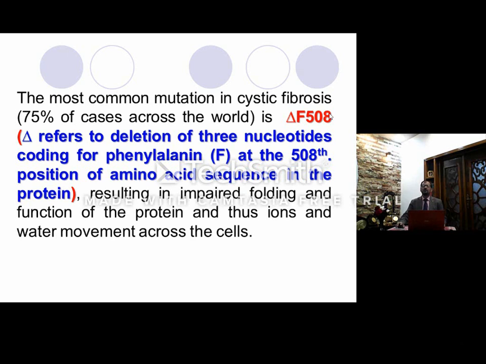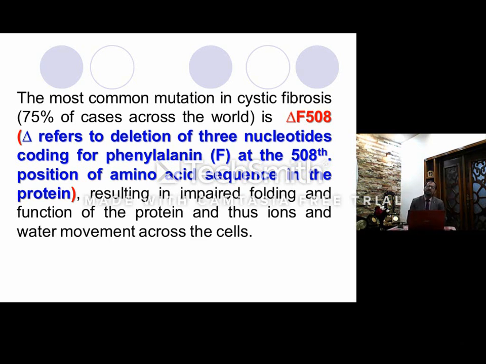amino acid. So as I said, the protein is around 1,500 amino acids, and as you know, the protein has an amino terminal and a carboxy terminal. If we start counting the amino acids from the amino side towards the carboxy side and stop at the 508th position, normally there should be phenylalanine.